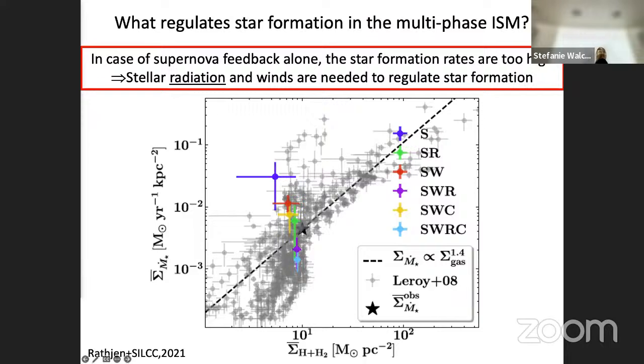For these SMGs, you see there's an offset in this direction, so the depletion time goes down, but it doesn't go down to 1 million years. It goes down to something like 100 million years, I suppose. On average, star formation seems a little bit more efficient, but if it were 100%, the point would be way off.